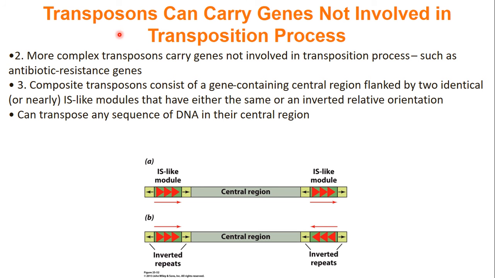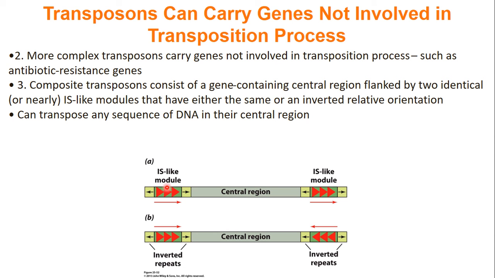Group 2 are more complex, so they will carry genes that are not directly involved in the transposition process. So these are your antibiotic resistance genes. Group 3 are composite transposons, and so you'll have a gene, your central region, that will be flanked by identical or nearly identical IS-linked modules.